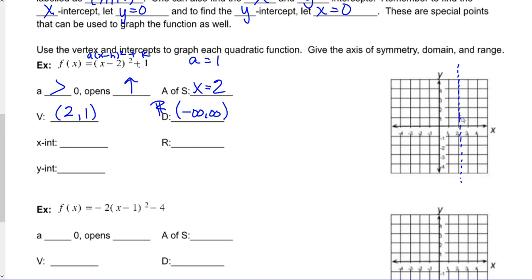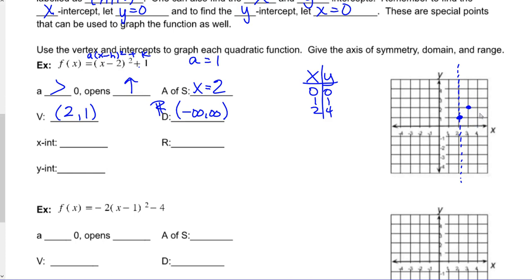I'm going to go over 2 and up 1. Now, this a value does not change the original t-chart. If you remember those common points that I just told you to remember, this is our guide to doing our graph. So we are going to go from our vertex. Remember, that's our vertex. Here's our new vertex. This tells me to go over 1 and up 1, over 2 and up 4. So over 1 and up 1 gives me this point since it's going up.